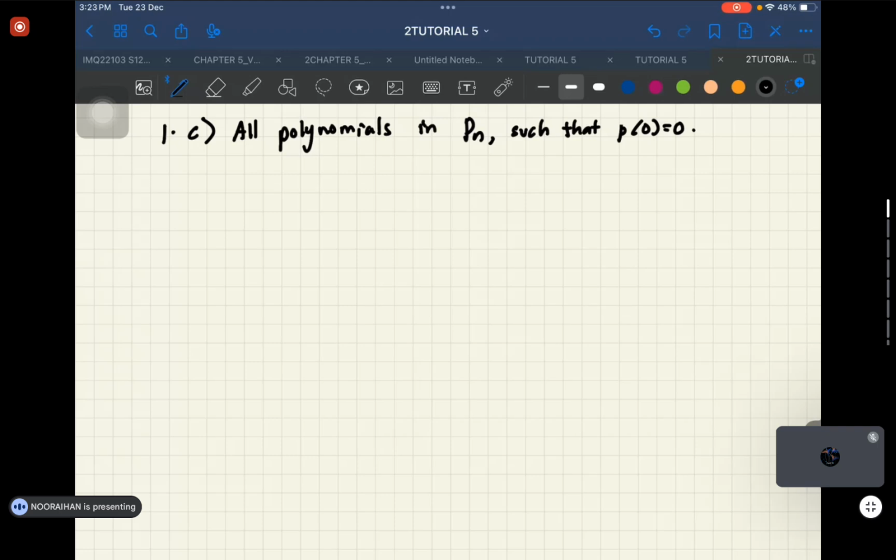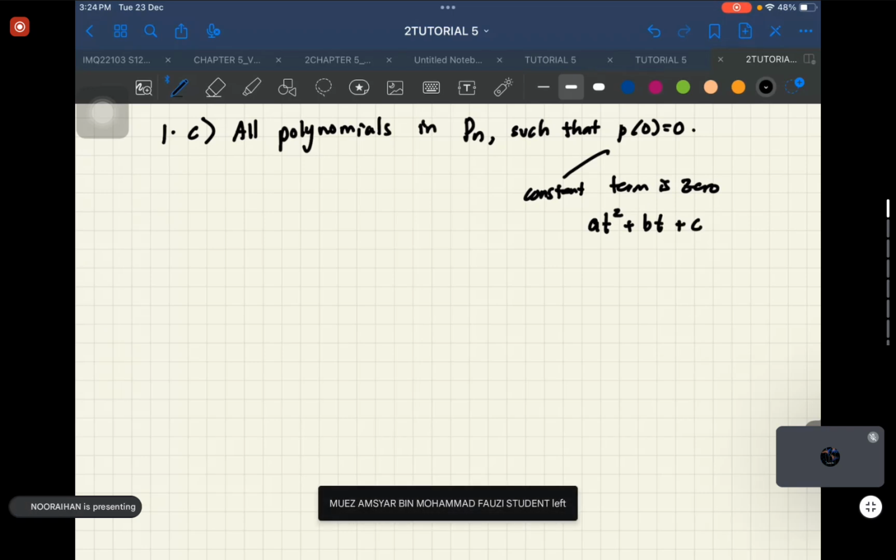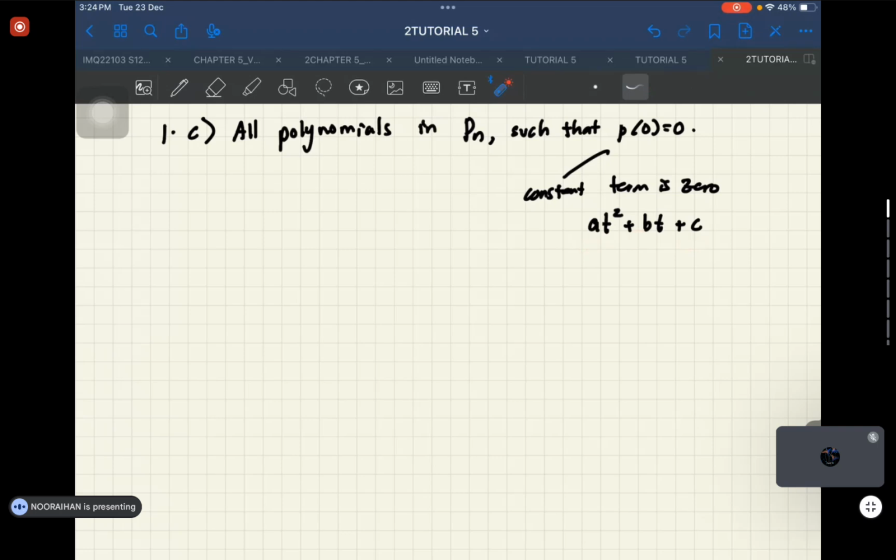Okay, so understand the condition. p(0) equal to 0 means that the constant term is 0, and the polynomial looks like t squared, t to the power of 3, right? So the constant term is 0. For example, at squared plus bt plus c, in this case the constant term c is equal to 0.